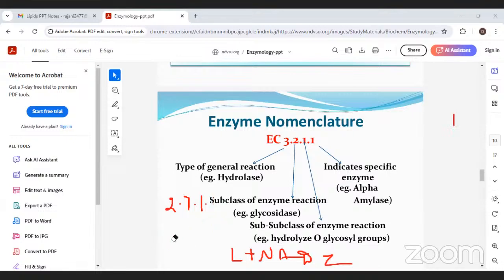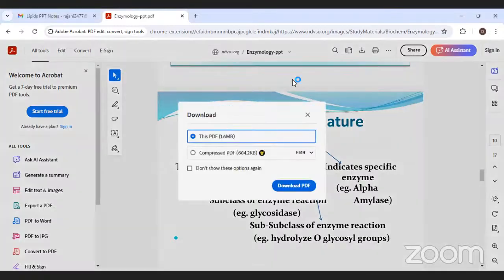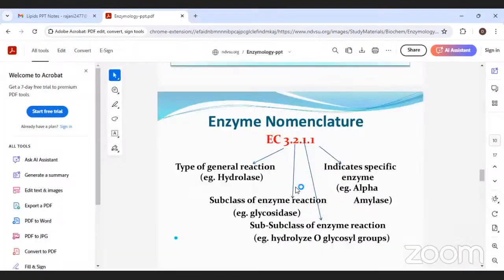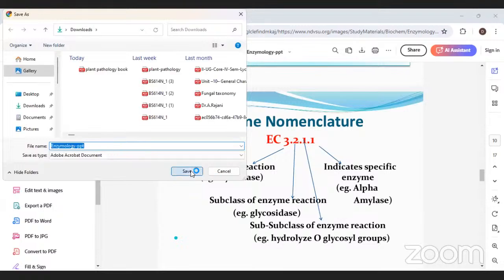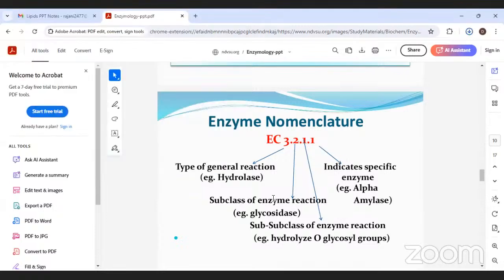We will stop here. Next week, we will continue with the total nomenclature of the enzymes, the nomenclature and the different types. You can observe the total enzymology like this. Now we will stop enzymology for today.